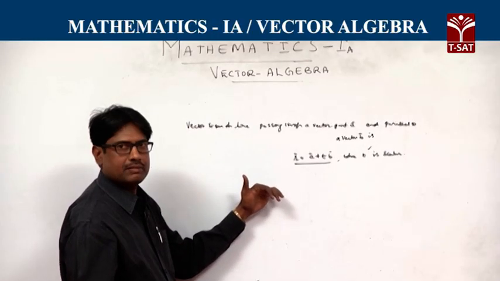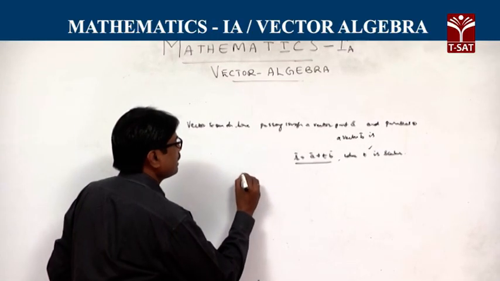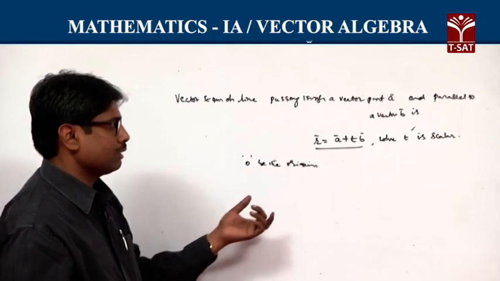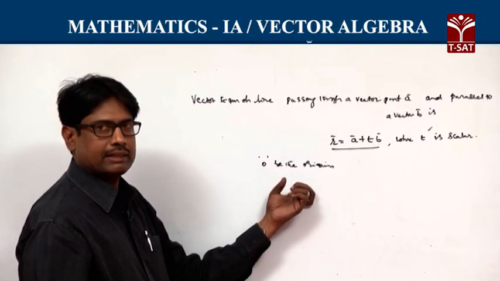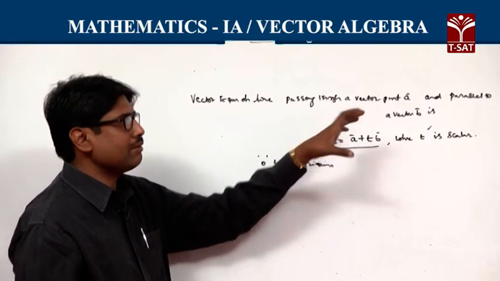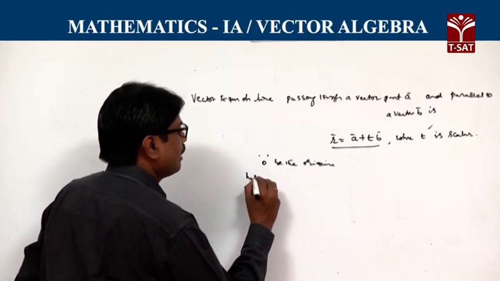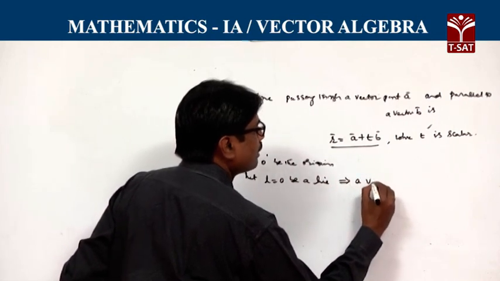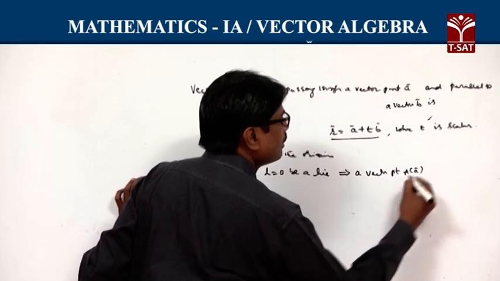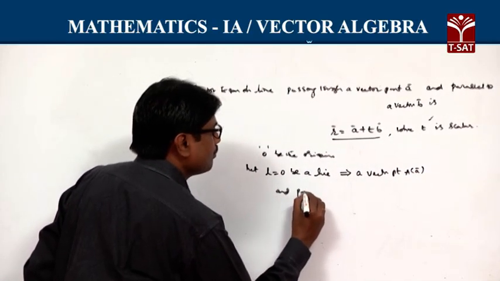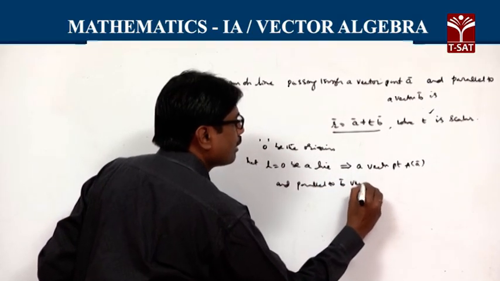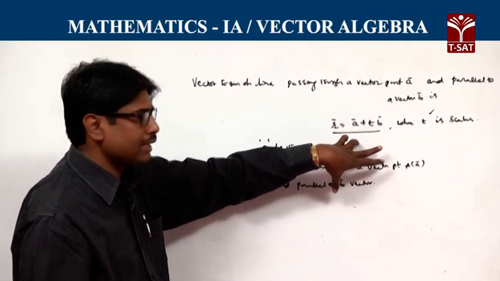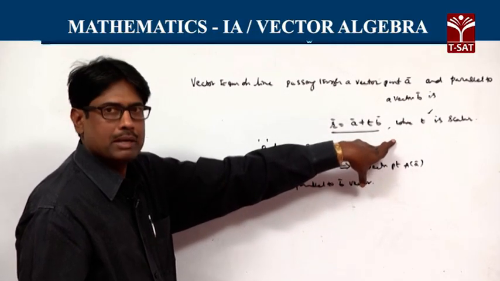In order to find this line equation, we define O to be the origin. Consider a line passing through a vector point and parallel to the given vector B bar. Let L equal to 0 be a line passing through the vector point A bar and parallel to the B bar vector.